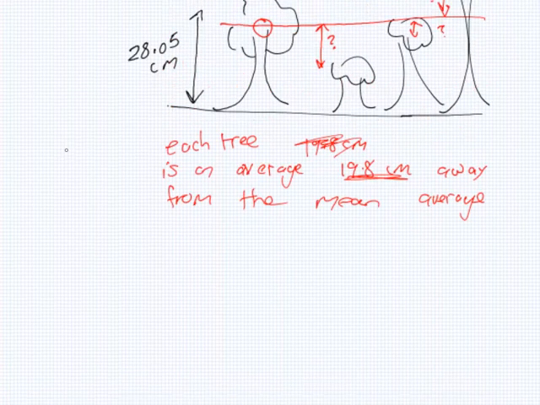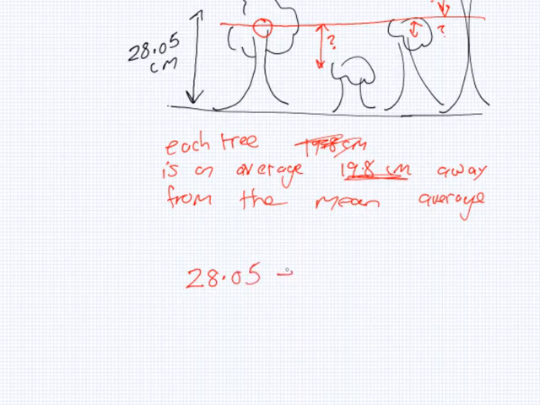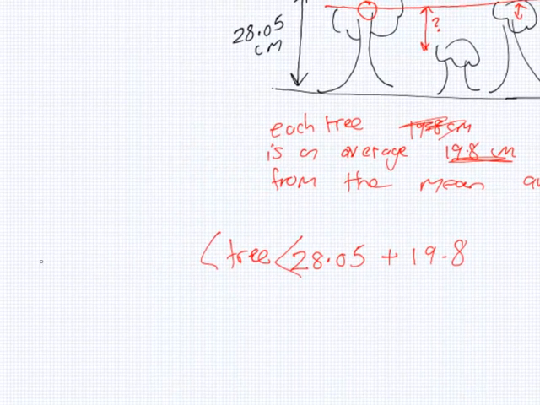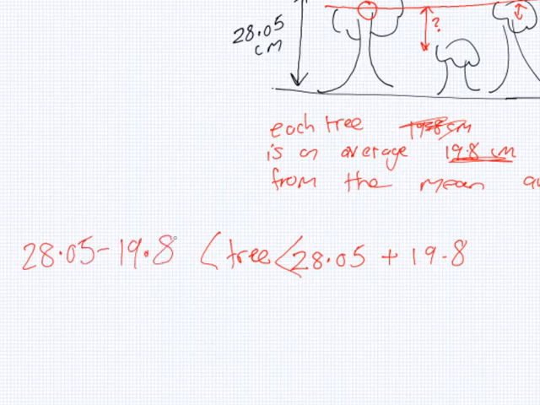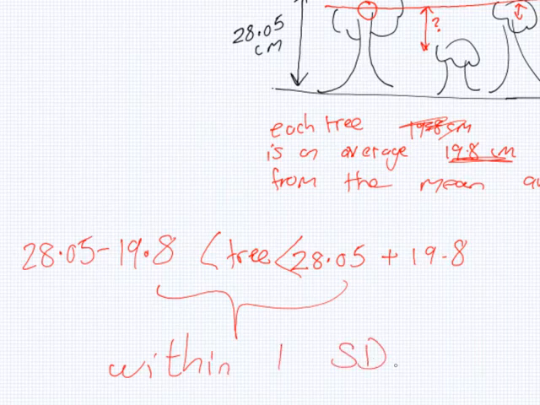So what I mean by that is, let's take our example of the trees. What was the average height of the tree? 28.05. The standard deviation? 19.8. This is called within one standard deviation.